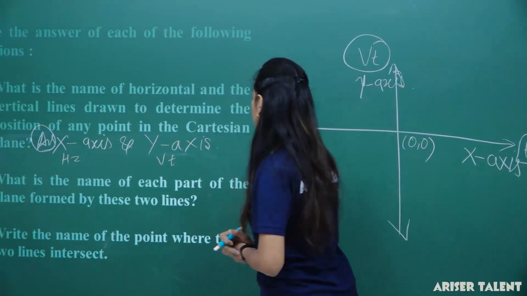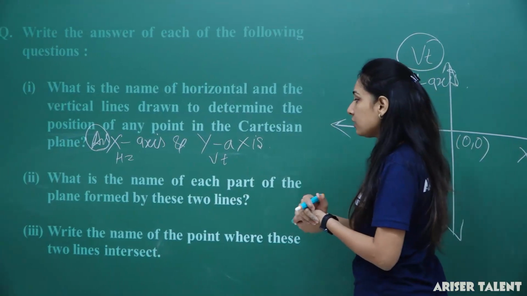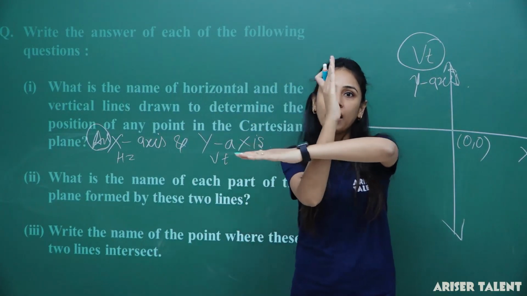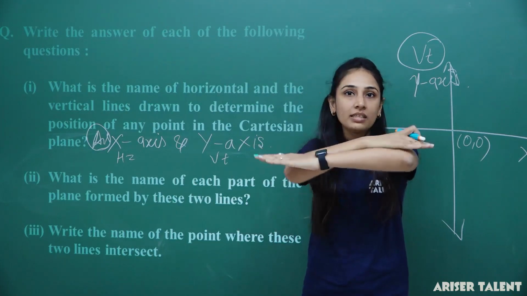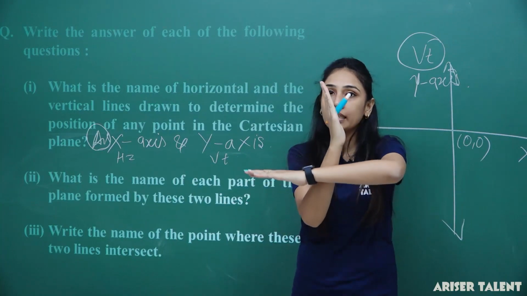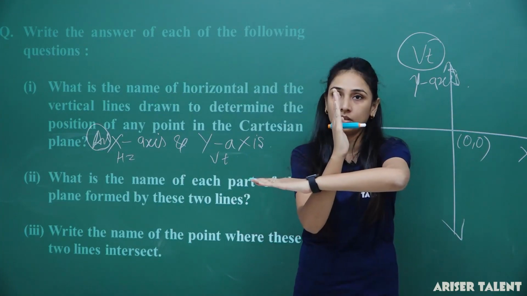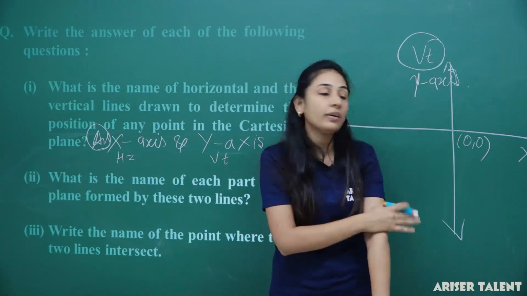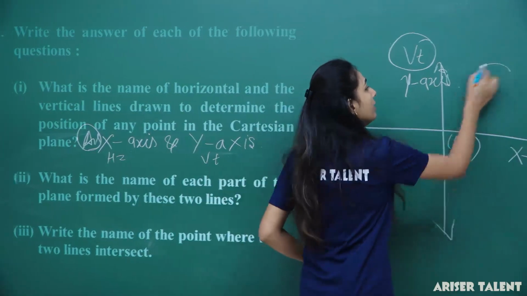What is the name for each part of the plane formed by these two lines? When I say this is the x-axis and this is the y-axis, this complete plane is a Cartesian plane, and it is divided into four quadrants. What do we call these parts?